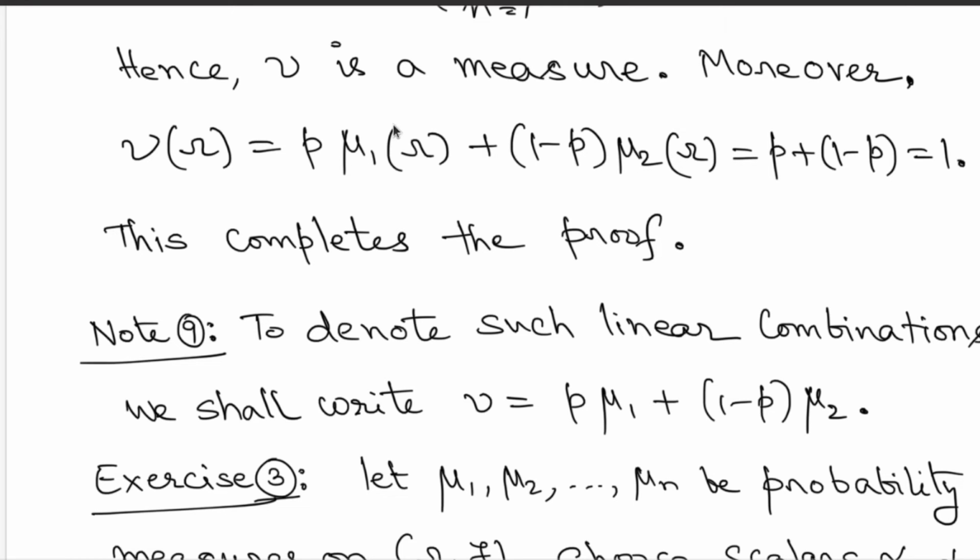Mu1 of omega is 1, and mu2 of omega is also 1 because these are probability measures, and hence you end up with p plus 1 minus p, which is nothing but 1. Therefore, this convex combination gives you total measure 1 for the set function nu. So for a convex combination of measures, you end up having a probability measure.